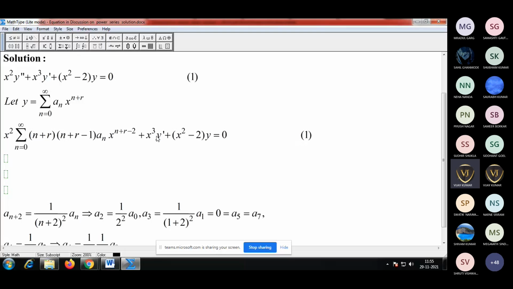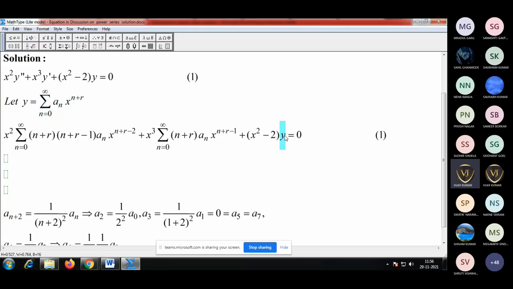For y dash, it means n plus r, x power n plus r minus 1. Then this term y means this one.